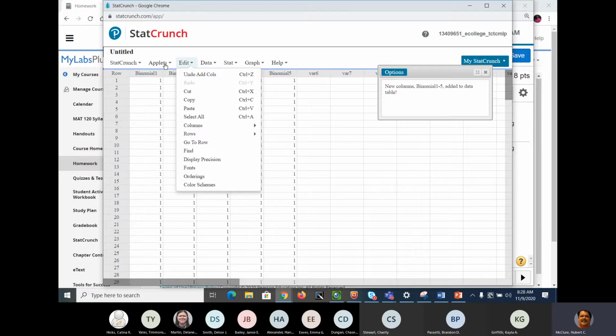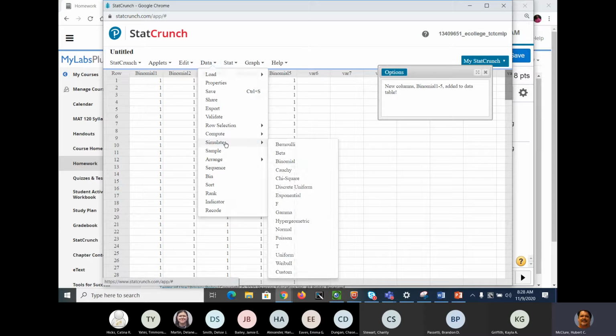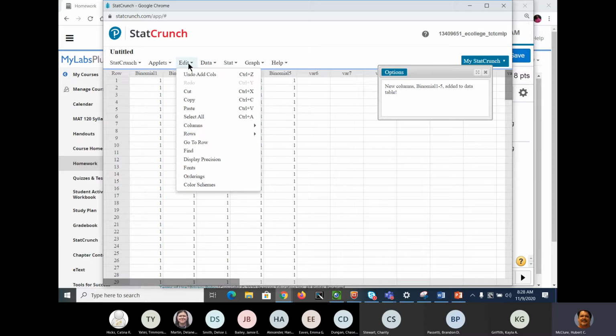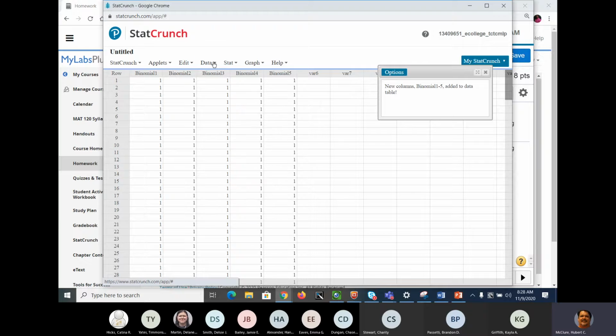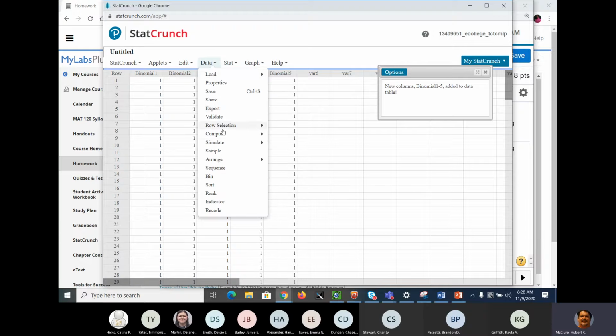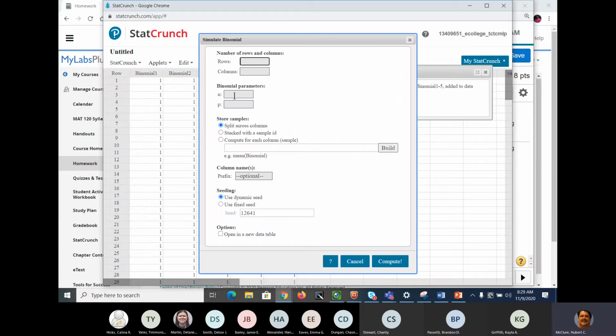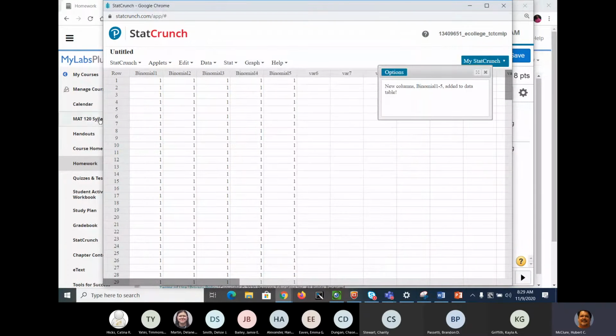I can't edit this. Data, simulate. Sorry. Data, simulate. I did binomial. Yeah, so it's not good. But anyway, I just wanted you to see that's what they're doing.